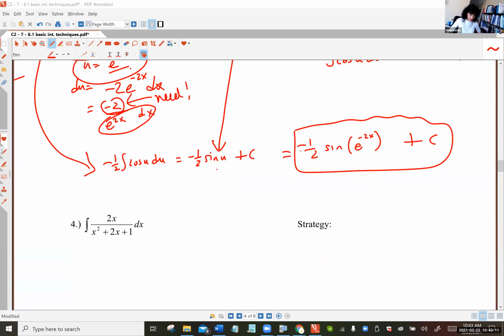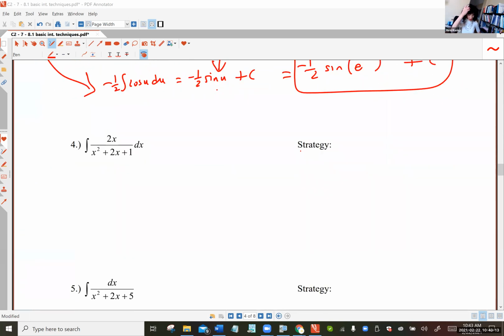It's a tough one. Okay, I'm going to start number 4, and then I'll have you finish it out. Okay? So the strategy here is you're going to do that rare one I told you about. Although truthfully, I would do this in a completely different way using change of variables, but I'm not going to tell you that yet. We'll do that one a little bit later in the section.